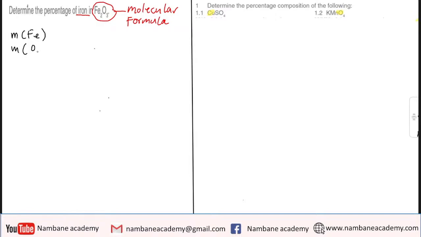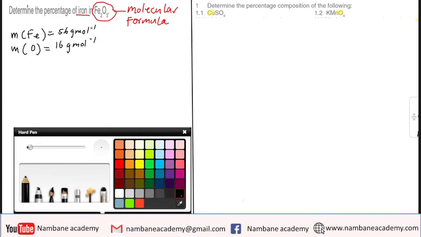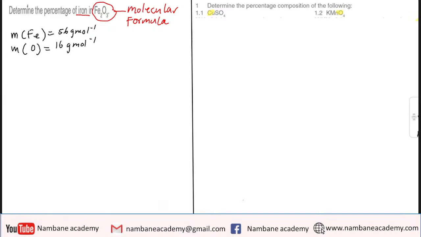So from your periodic table, hence I said you will need now to have a periodic table with you at all times, because the periodic table brings about necessary information that we need to perform these calculations. So ladies and gentlemen, this will be something like 56 grams per mole. This will be now 16 grams per mole from the periodic table. Now, what must one do?